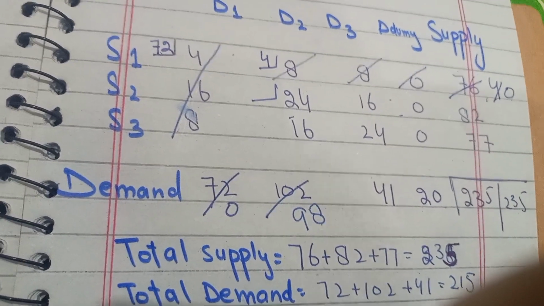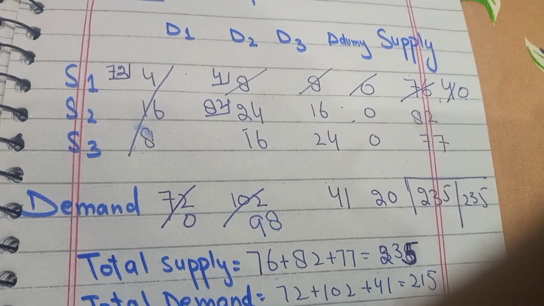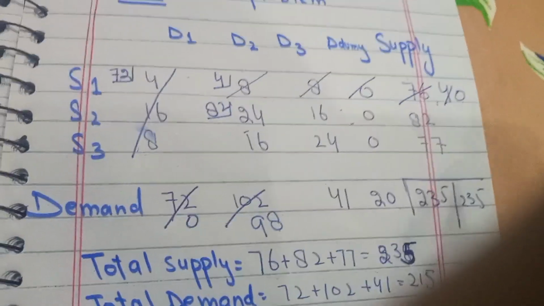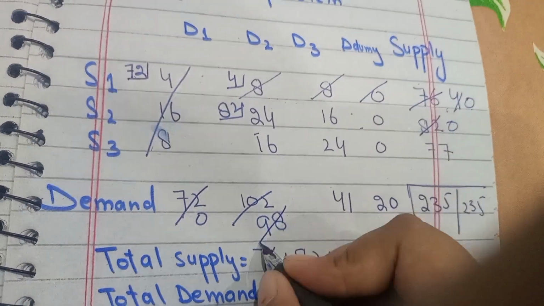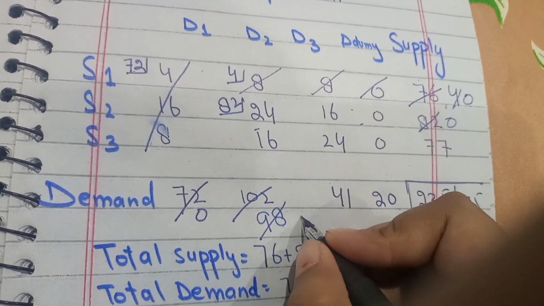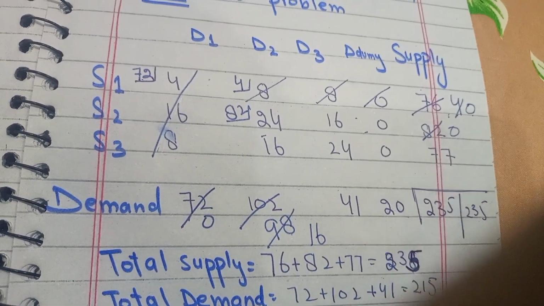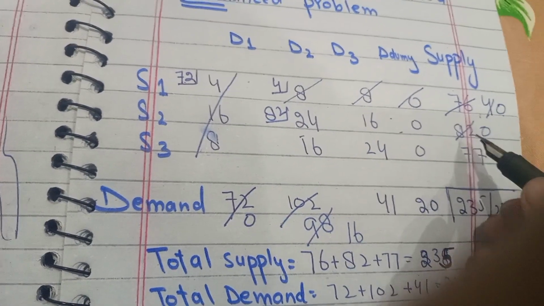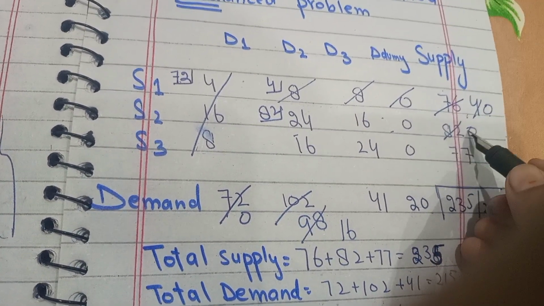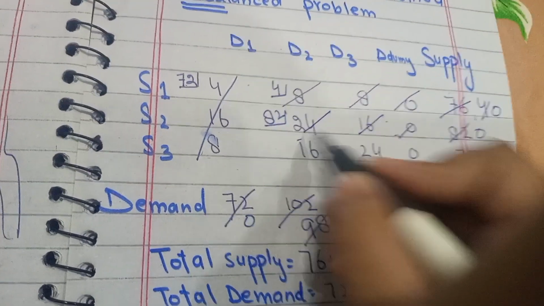We allocate 82 here in the cell 24, and 82 minus 82 becomes 0 and 98 minus 82 becomes 16. Now the supply is 0, so the whole row becomes 0.